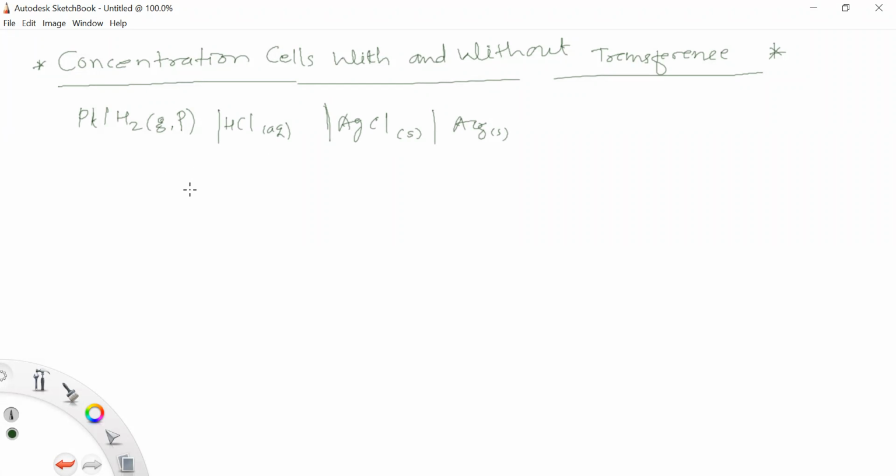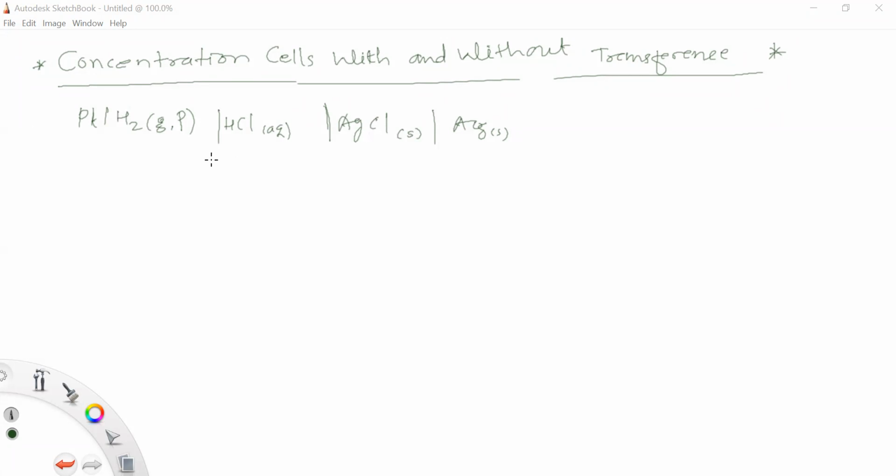Okay, this is just an overview of this chemical cell. From this cell we find the left hand side and right hand side oxidation and reduction reactions taking place over here and over here, at the metal salt electrode and the hydrogen electrode.